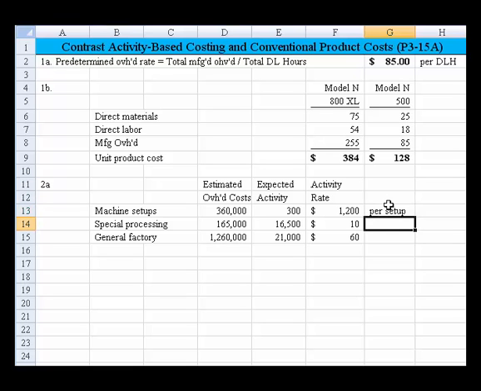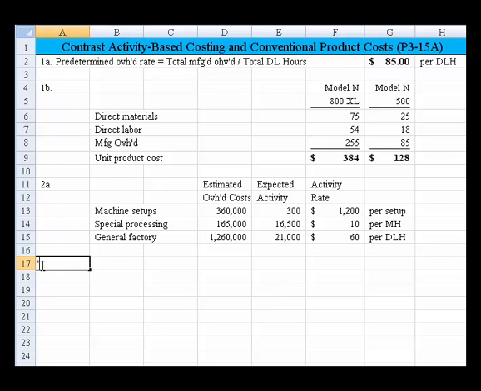The $10 is per machine hour. I'm abbreviating here. And the $60 rate is per direct labor hour, because it's based on the measure of the driver that's being used to do an allocation between the various products. Okay, so that takes care of 2A.